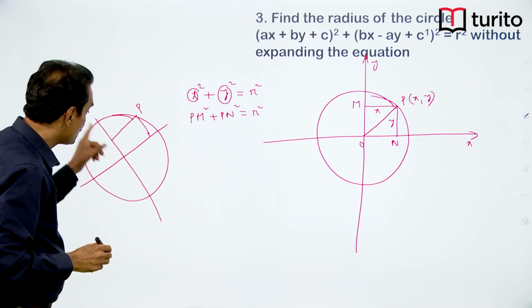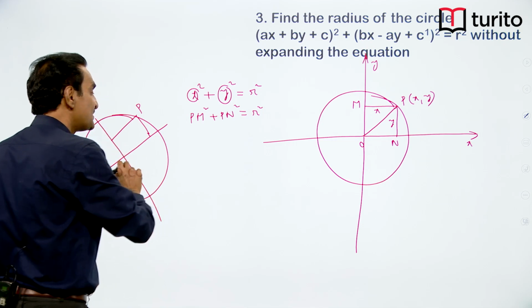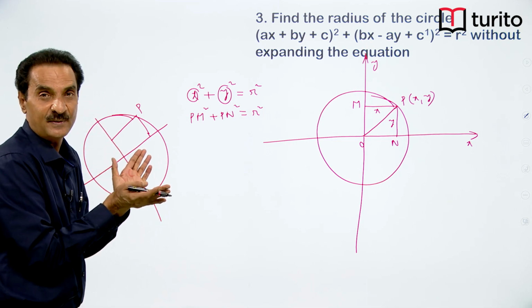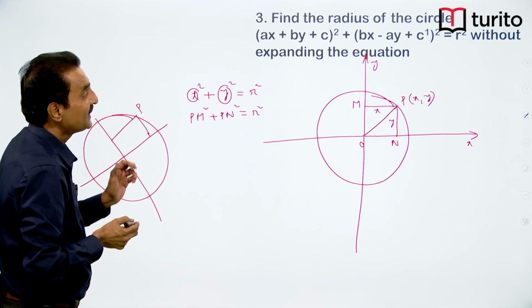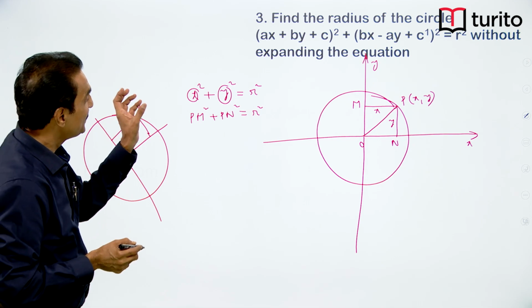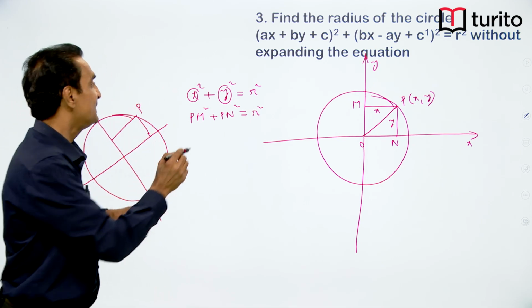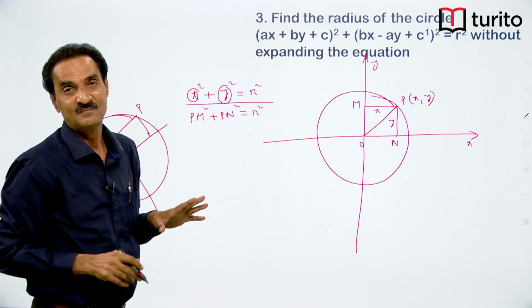Now, these two lines are perpendicular diameters. So, you can take any two mutually perpendicular lines as diameters. So, if you take two perpendicular lines, if you replace x and y by two mutually perpendicular lines, then it represents a circle, but the radius is not r.